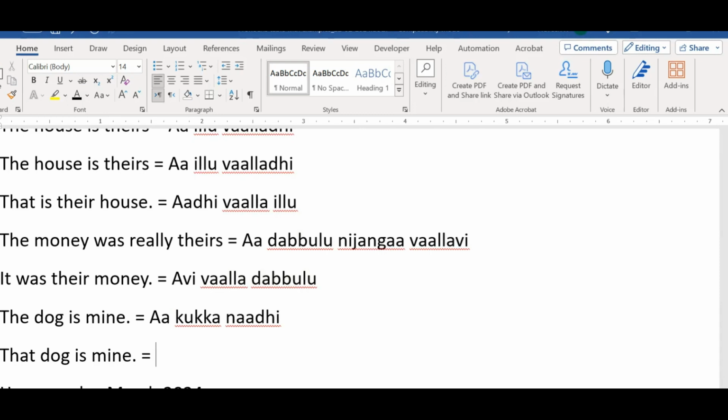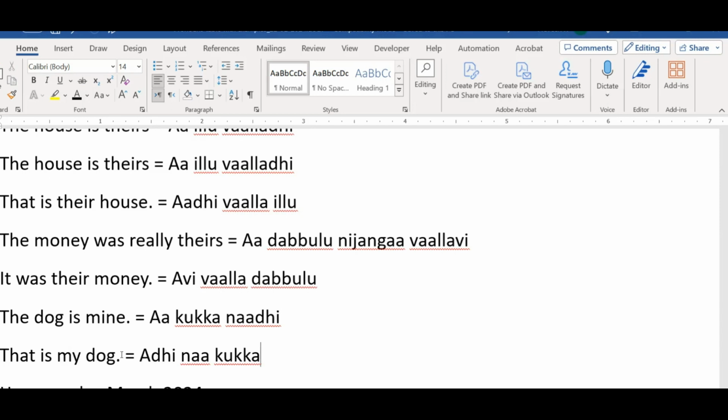So that means Adi, naadi. Adi na kukka. Yes, correct. Adi na kukka. But here, the dog, that is my dog. No, I wrote it wrongly. That is my dog.